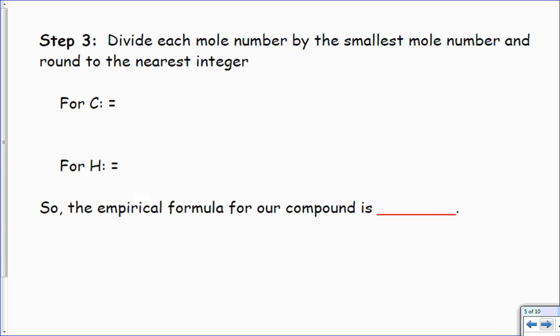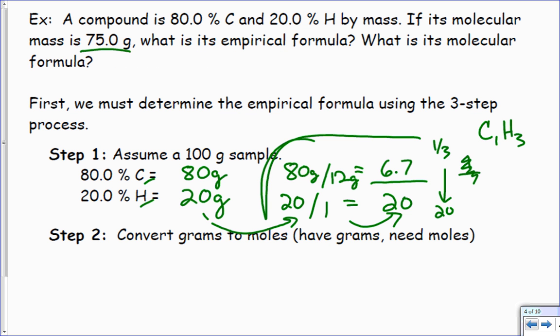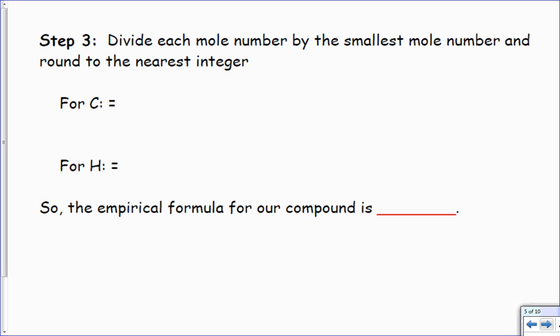Divide by the smallest mole number and round to the nearest integer. Okay, so, Mr. Milks, that means the 6.7 and 20. What I'm supposed to do is say 6.7 divided by 6.7 equals 1.